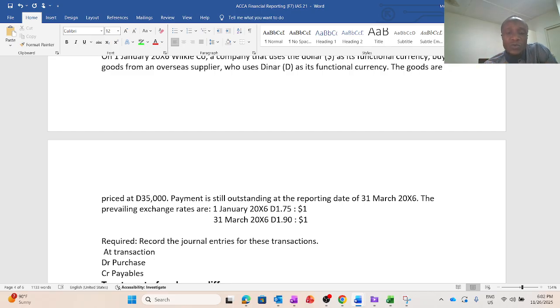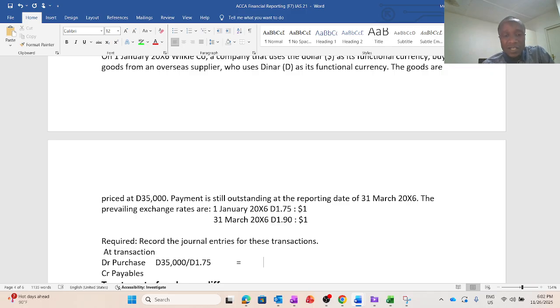So now if we are going to translate the transaction at the transaction date, then the amount of 35,000 dirham, we are going to divide by 1.75.